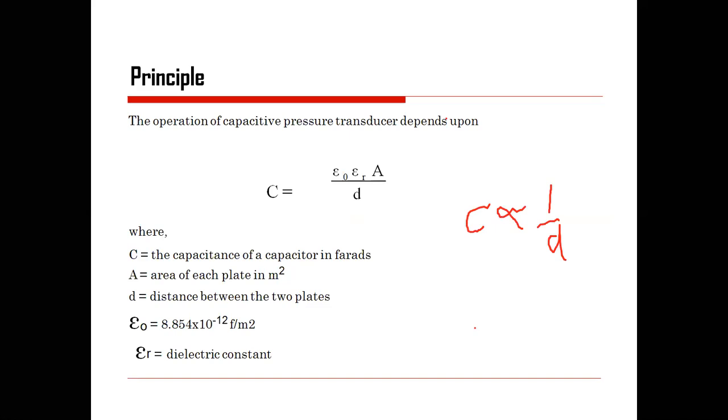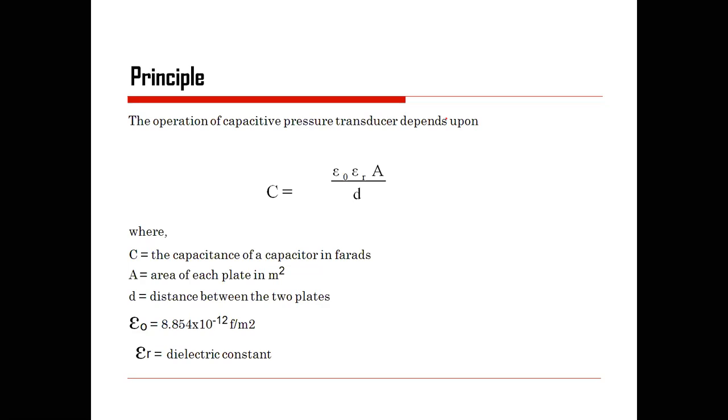It means if this displacement increases, capacitance will decrease, whereas if it decreases, capacitance will increase. So the change in voltage we get in the bridge will also be inverse when we use the distance as the parameter, because C is inversely proportional to the displacement.